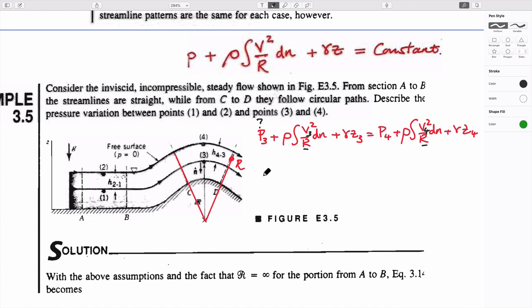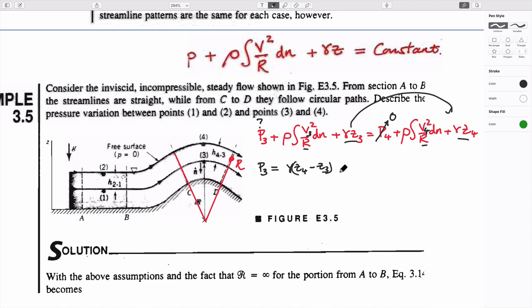So we can rewrite this expression as P3 is equal to, this is 0 because it's atmospheric, and so it's going to be equal to the unit weight times Z4 minus Z3. I'm just moving this term over here, so that gets rid of this and this.